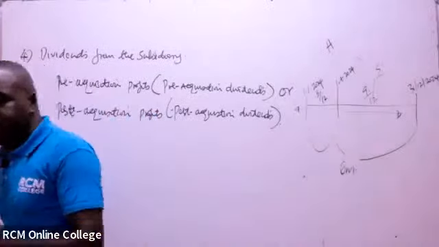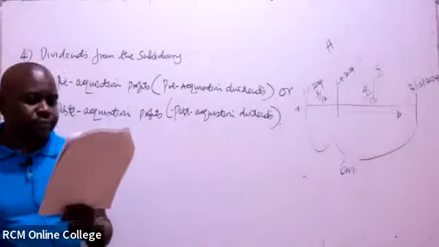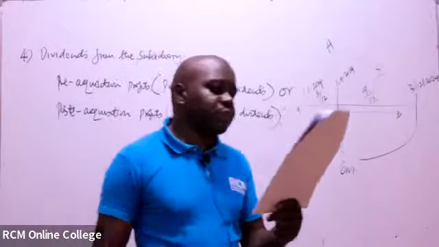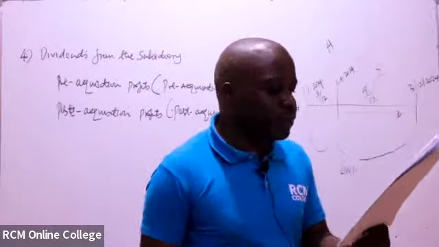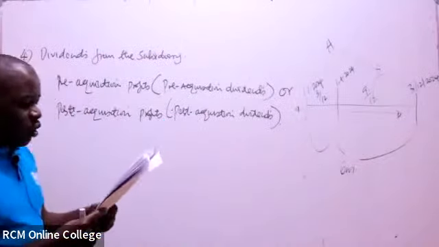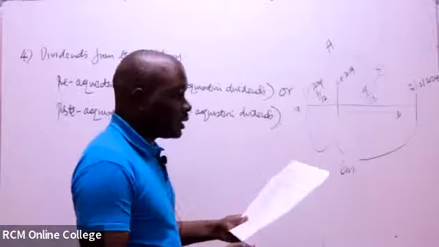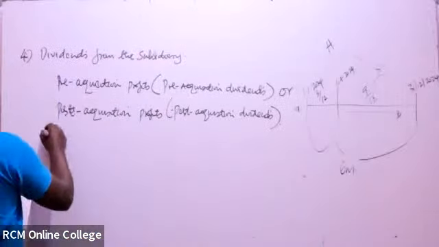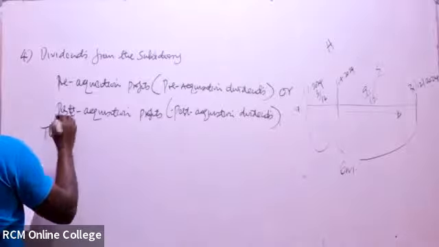The dividends may be paid out of pre-acquisition profits, in brackets pre-acquisition dividend, or paid out of post-acquisition profit, which we call post-acquisition dividend. Full stop. Then you write and say, the parent's share of pre-acquisition dividends. The parent is the holding company.